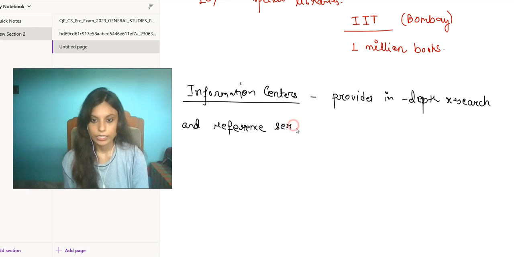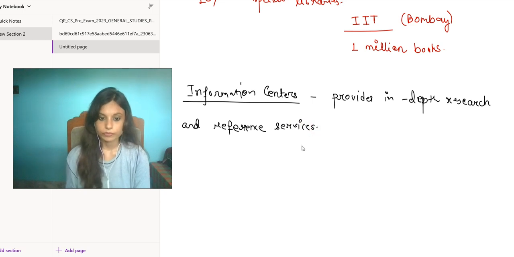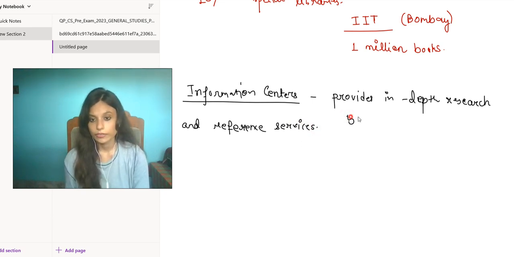So this is the ultimate use of the information centers, and there are around 500 information centers in India.